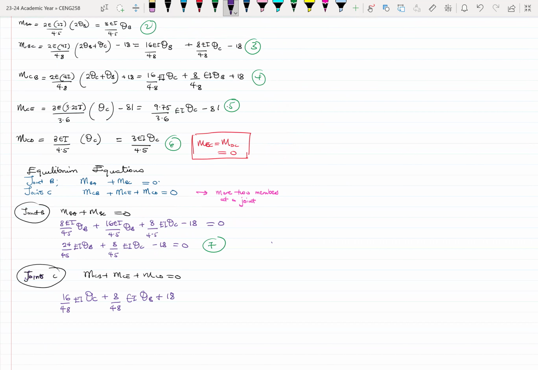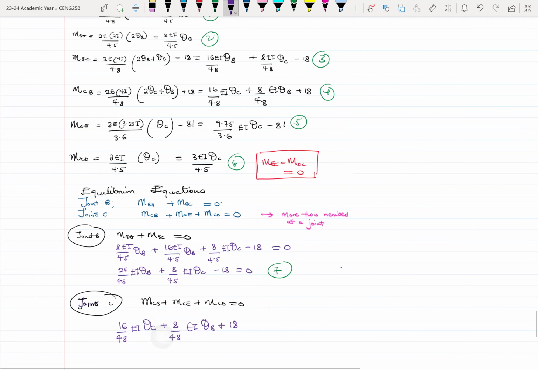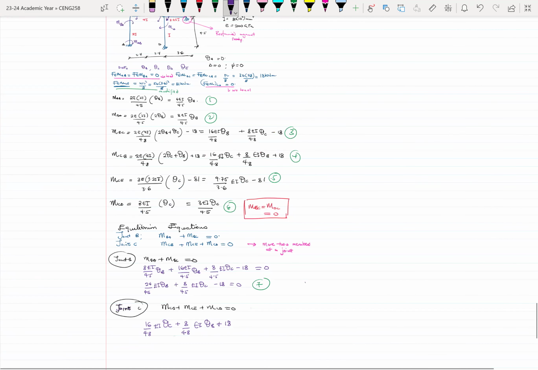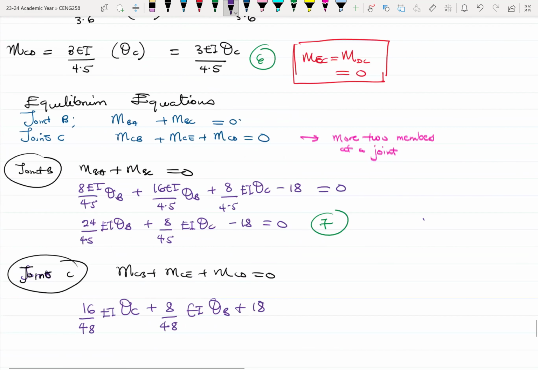Have I missed something? I think I see where my mistake is coming from. This is 4.5, so let me correct this. It was good I caught it first.